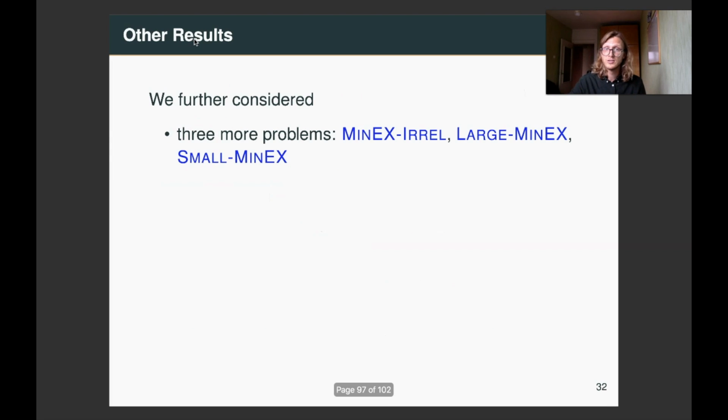So to wrap things up, of course, we provided complexity analysis for Minex-REL, small Minex, which we introduced in the beginning. Also, we considered one extra problem, large Minex, which asks: is there a minimal explanation that is of size greater than some given number n?